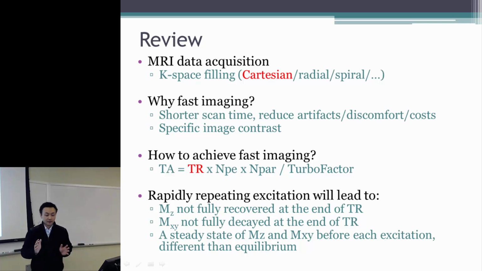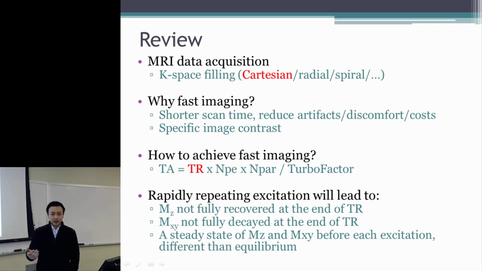When we rapidly apply a series of RF pulses for excitation, this leads to several conditions. The first is that the longitudinal magnetization does not have enough time to fully recover due to T1.